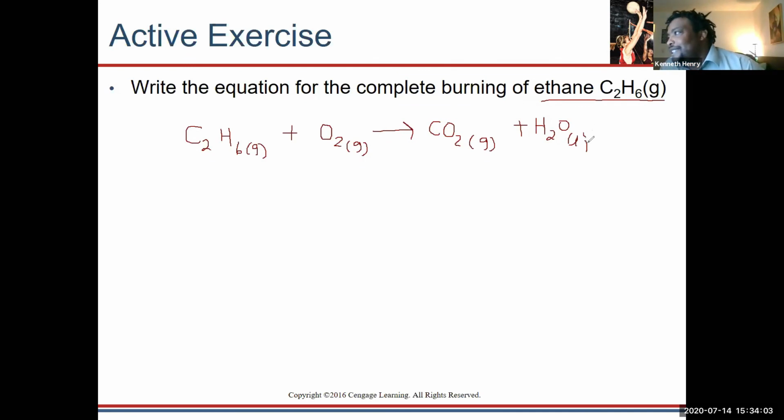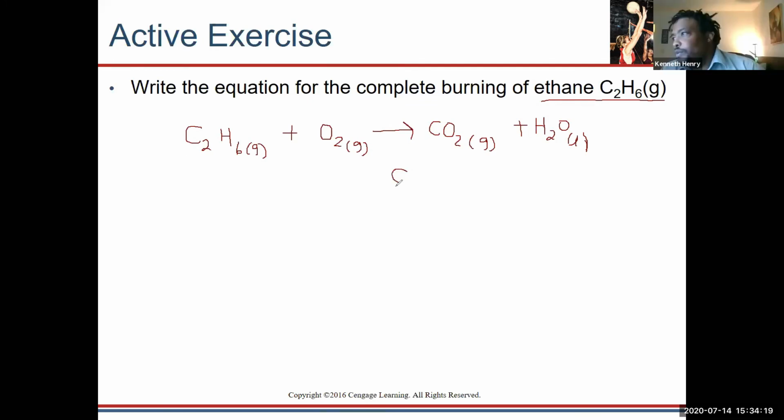Or pie. Okay? So now we need to just balance our equation. How can we balance our equation? Write down your elements.